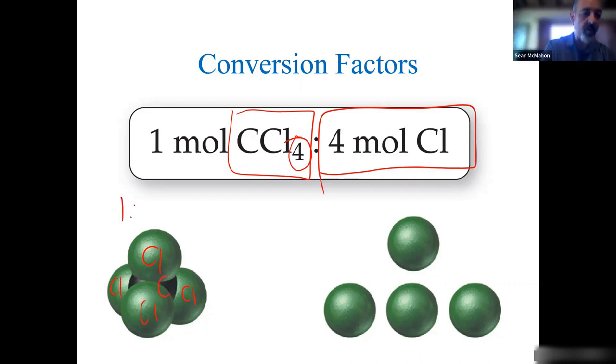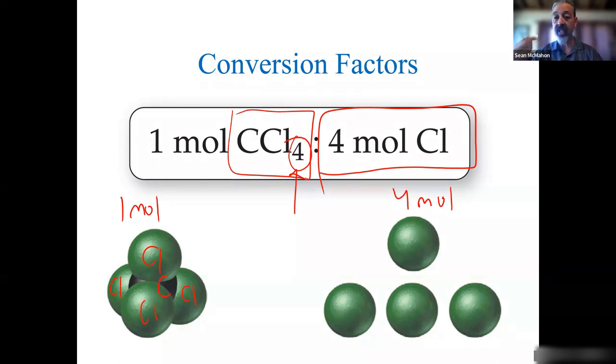So if I have 1 mole of this, I'm going to have 4 moles of this. It's a 4-to-1 ratio. How do I know that? That's what this subscript's been telling me all along. That's why the chemical formula is so important, because it tells me a mole ratio, and then I can convert that to grams, which allows me to quantify and weigh in a lab.